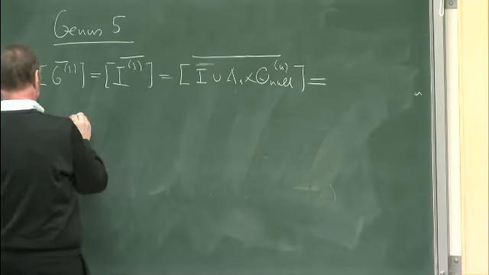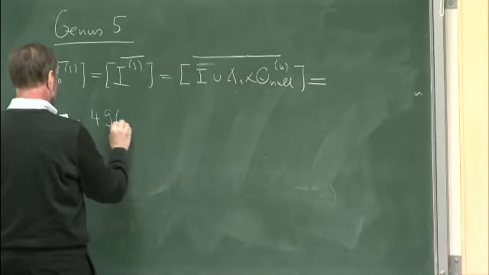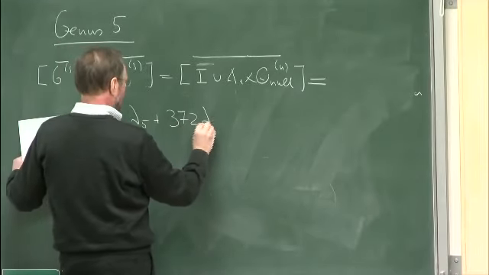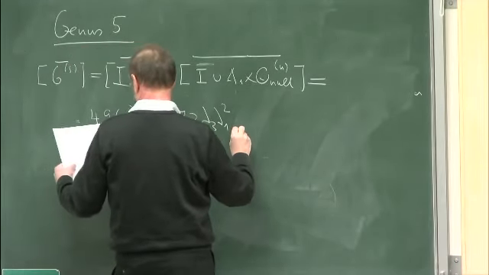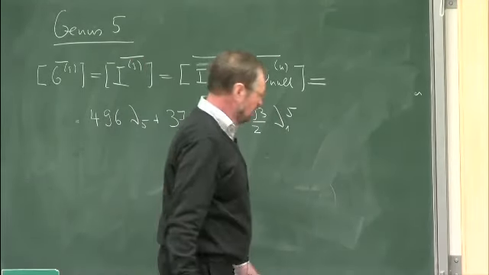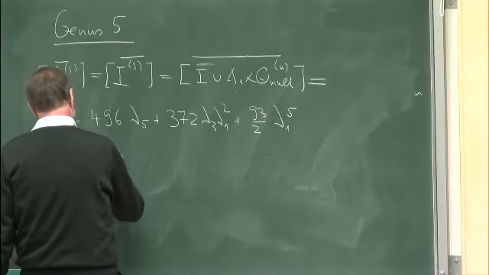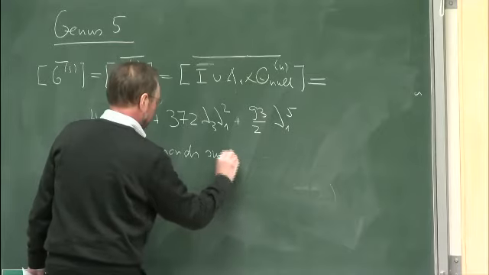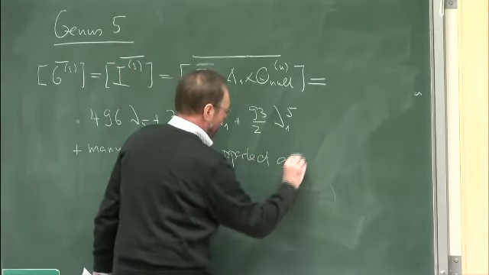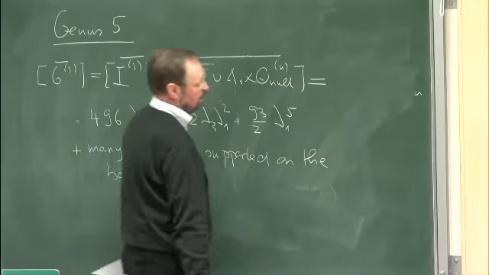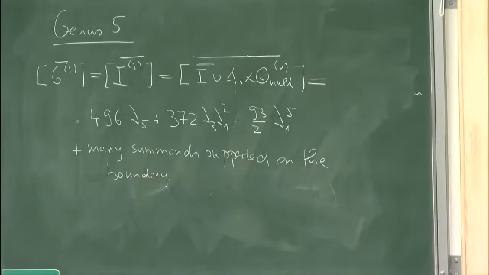And that is then 496 lambda 5 plus 372 lambda 3 lambda 1 squared plus 93 over 2 lambda 1 to the 5th plus many summands supported on the boundary. Okay, that's the same. So if we just work in A4 and A5, then these classes are tautological.